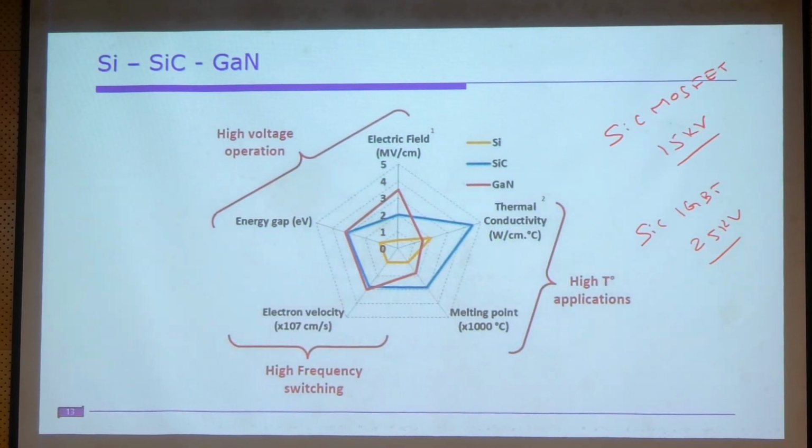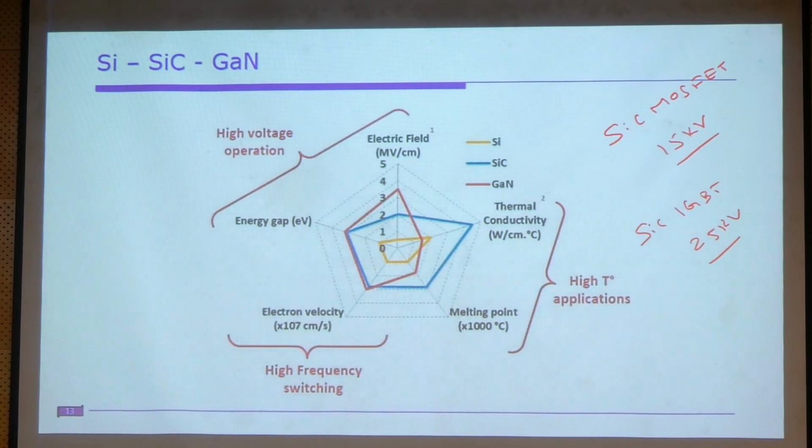That means you need not connect several devices in series or parallel; one device is sufficient. That's why the industry is struggling to select either a multi-level inverter or a two-level inverter. All right, that is the point.